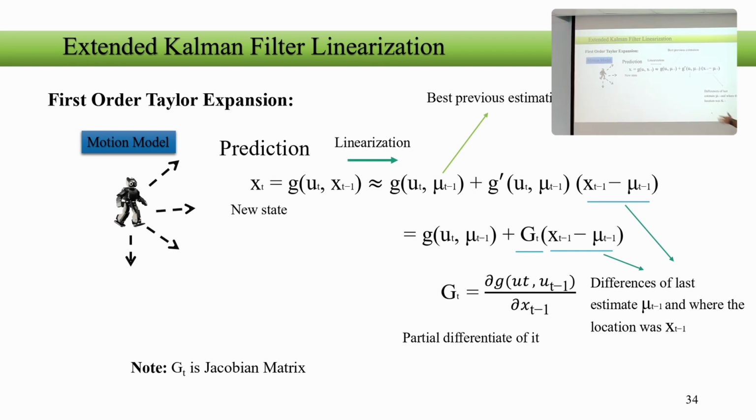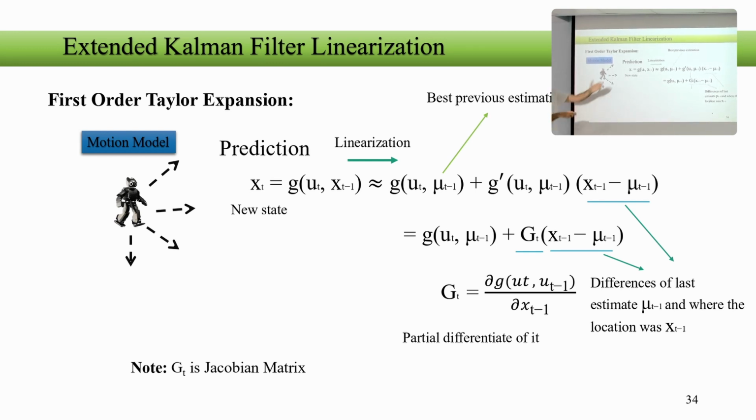This G prime is the Jacobian matrix, that is flattening and being applied on the model that we have. Also we have the term here, xt-1, the difference of the pose and mu t-1, the previous belief and the previous pose that we have.